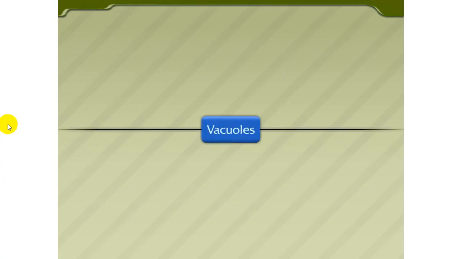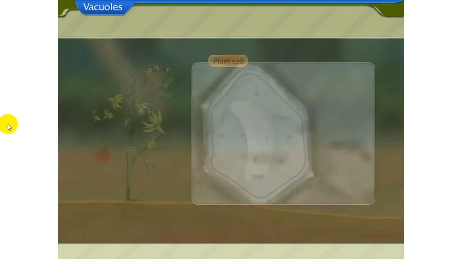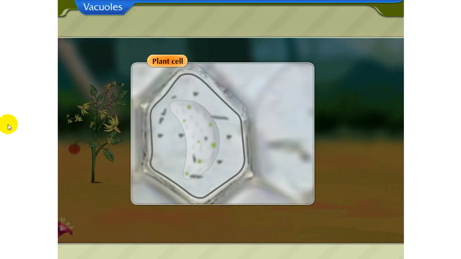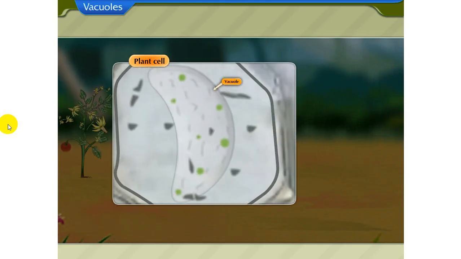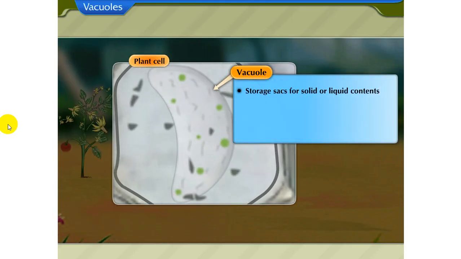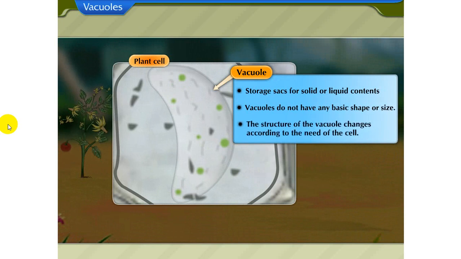Vacuoles. Vacuoles are the storage sacs for solid or liquid contents. They do not have any basic shape or size. The structure of the vacuole changes according to the need of the cell.